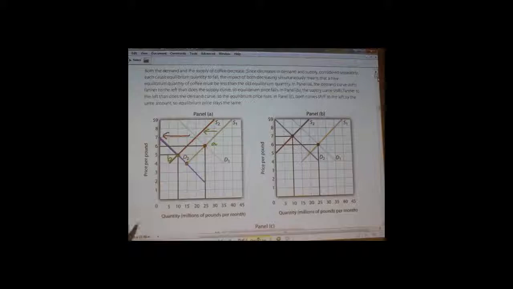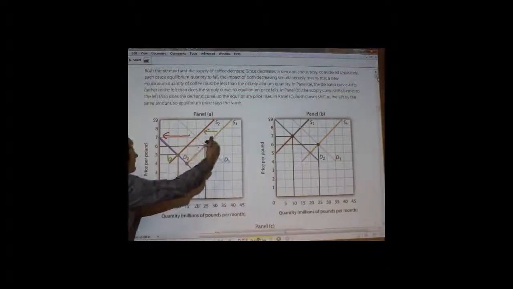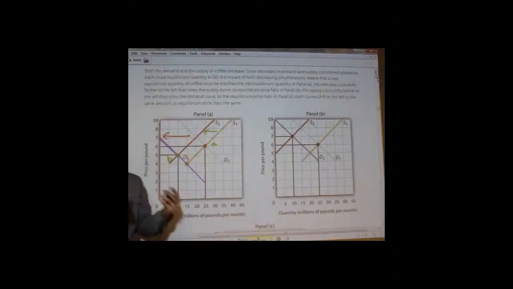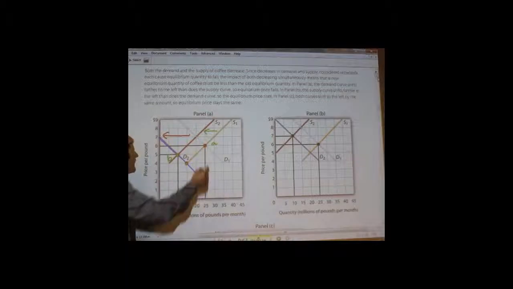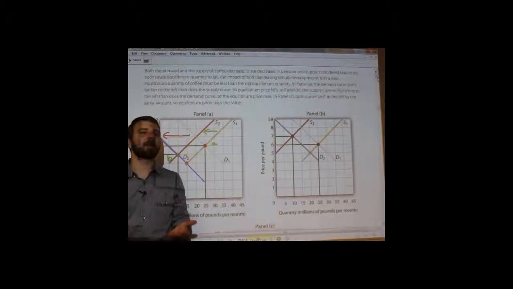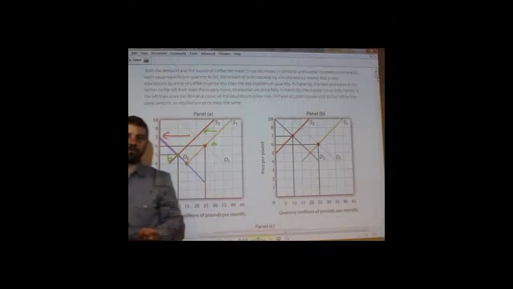But if demand happens to be the first one to shift, first we go from here to here, and then supply shifts, we go from here to here. If they shift at exactly the same moment, then we just go from here to here. And of course, there's an adjustment process that I could explain, but for the sake of brevity, I will just assume that everyone's comfortable with equilibriums being at the points of intersection.